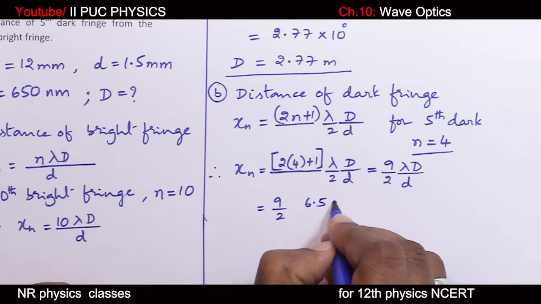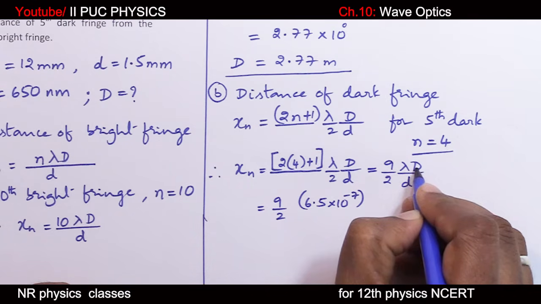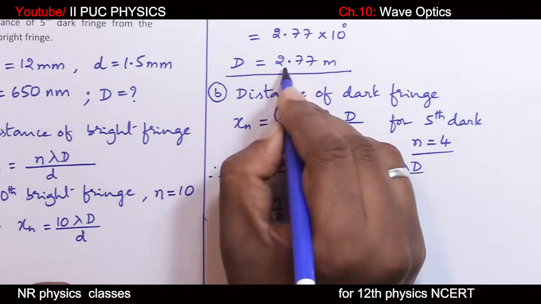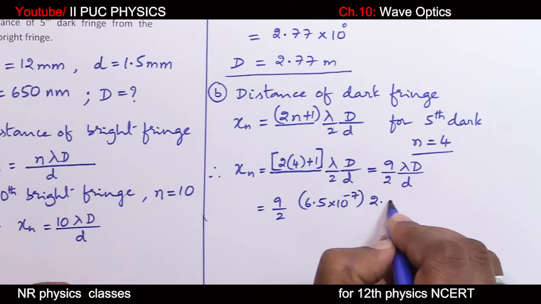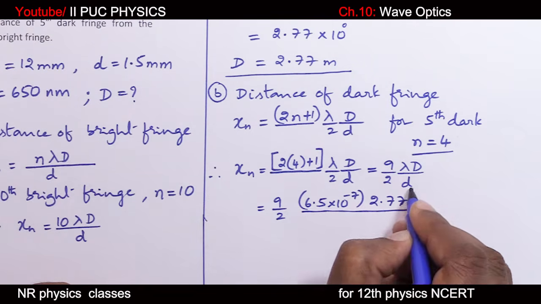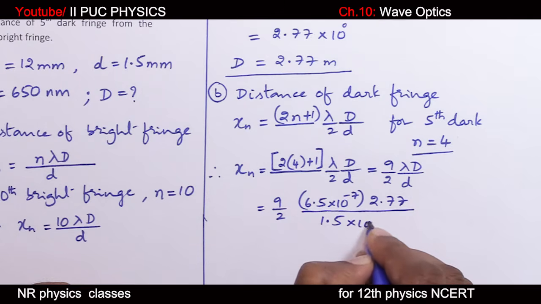9 by 2 lambda is 6.5 into 10 power minus 7. Capital D is 2.77. Just now we found out small d is 1.5 millimeter, milli is minus 3.